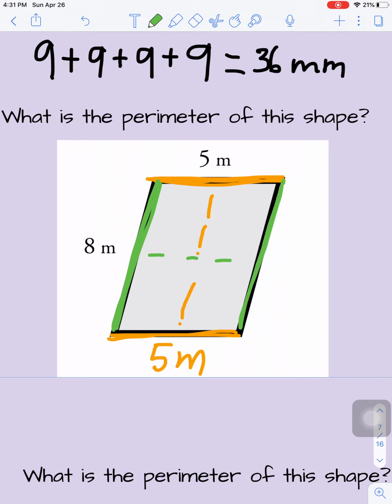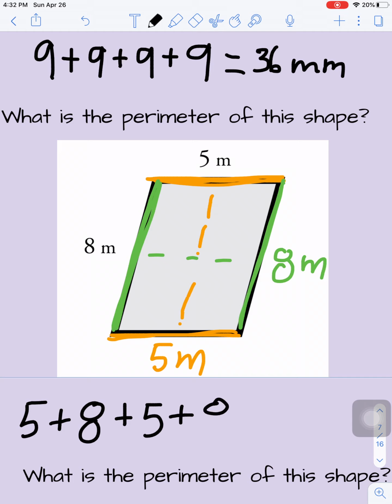If I come to this side, I know they're the same thing. Now that I have every length to a side, I can add them together. And then that equals 26 meters, which is the distance around the shape.